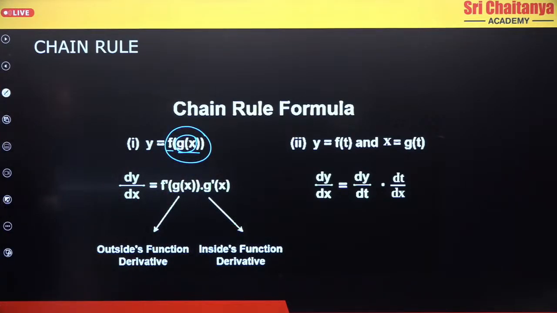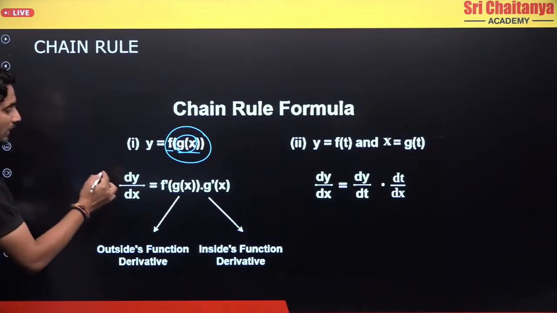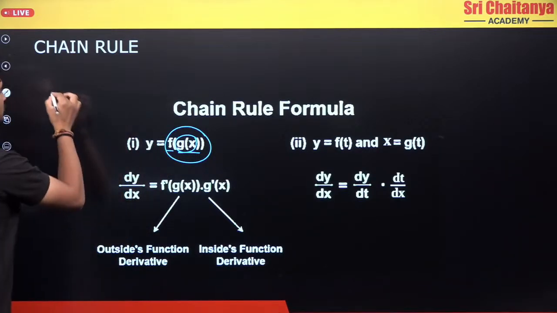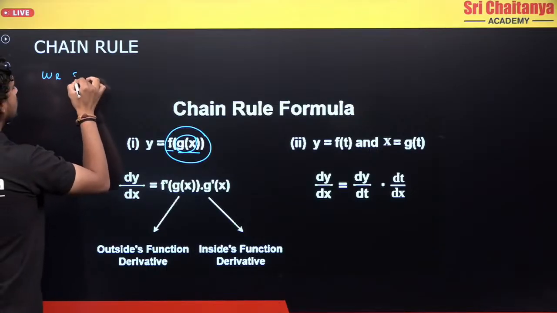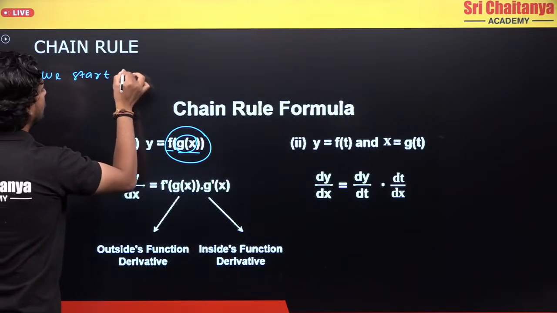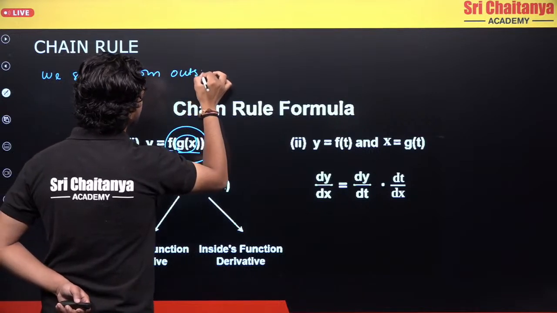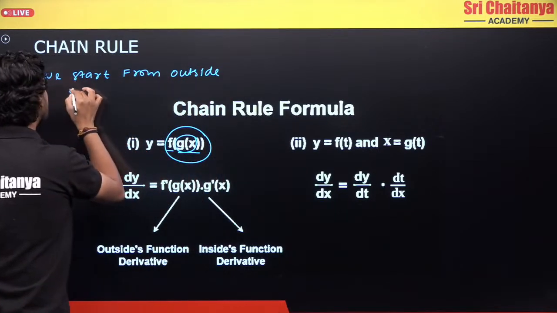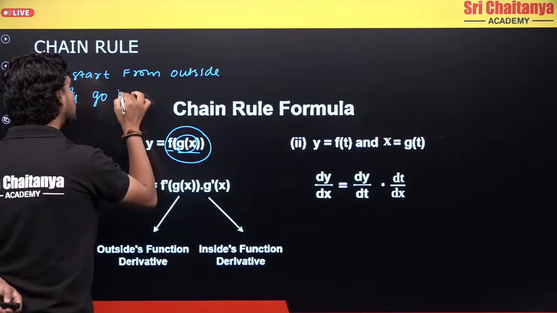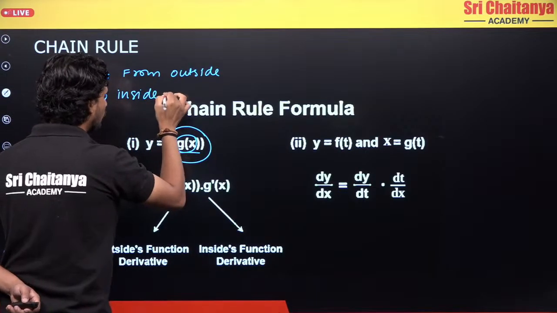How many functions do I have? Two functions. So in that scenario, we start from outside and go inside. So how do we understand this?